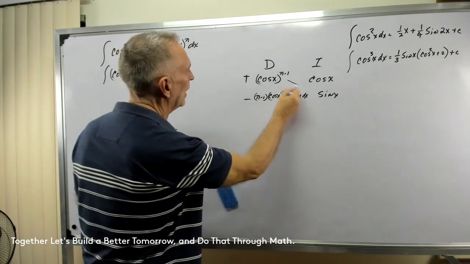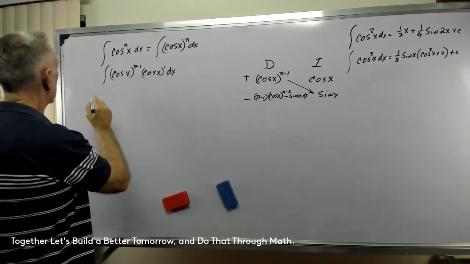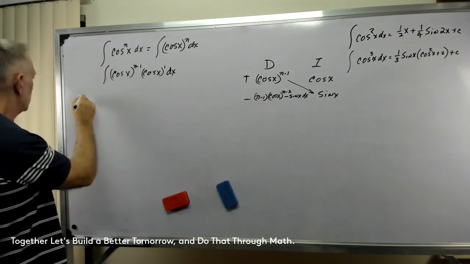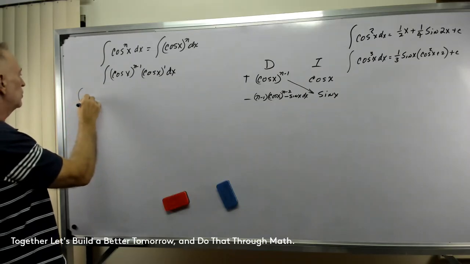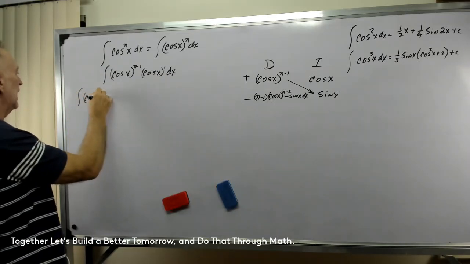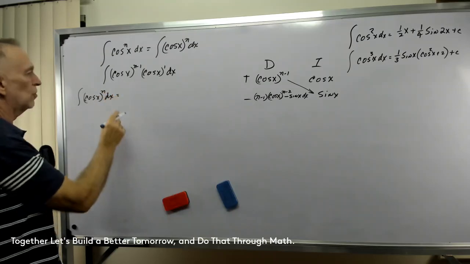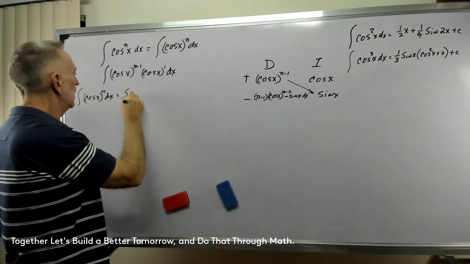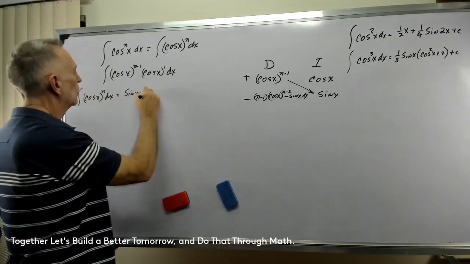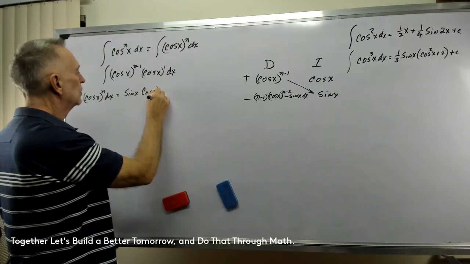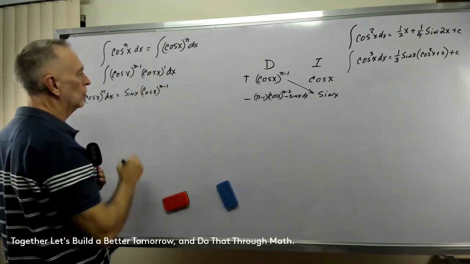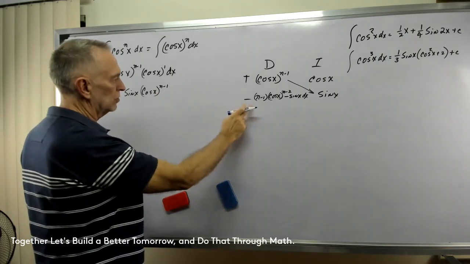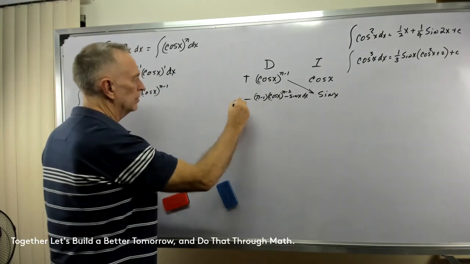Now then, what do we have? The integral of cosine x to the n dx equals, and I'm going to put my sine terms first, sine x cosine x to the n minus 1. Now we're going to look at the integral of this row.